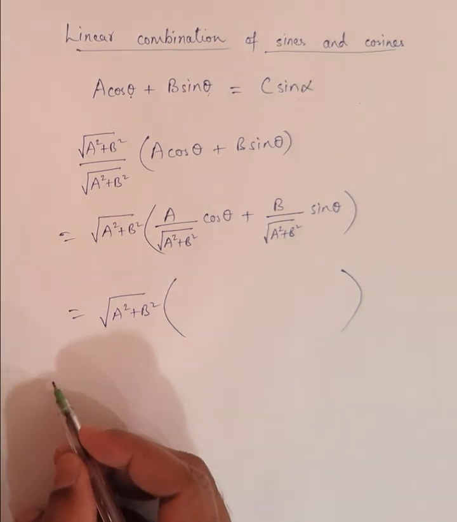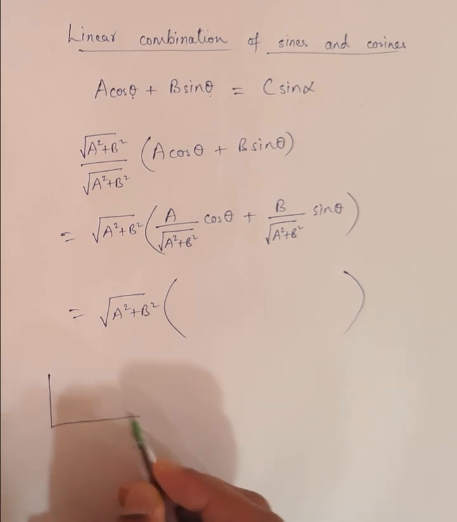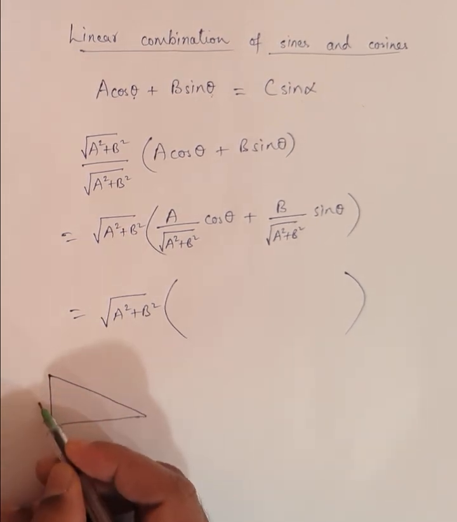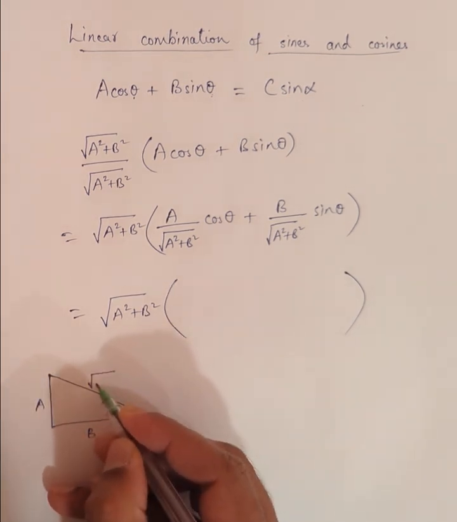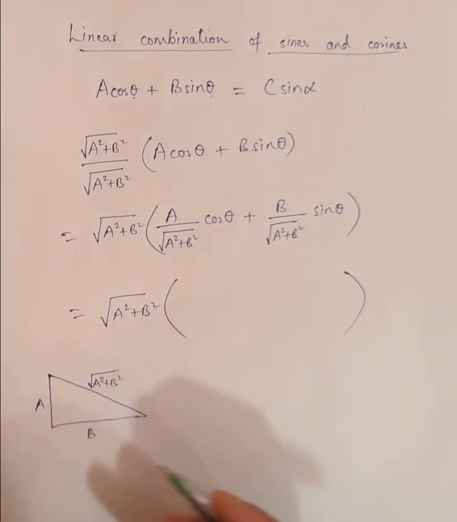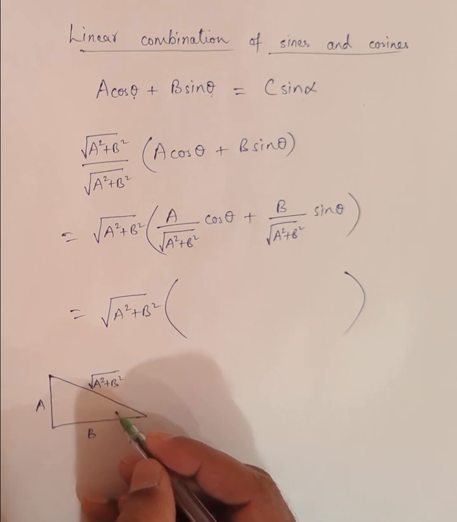So if I imagine a right triangle whose legs are a and b, let's say this is a and this is b, then this is going to be square root of a square plus b square. Now let's give some name to this angle. Say this is delta.